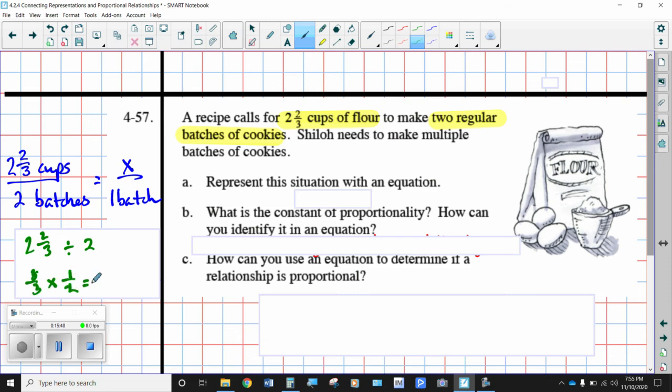It's going to end up being 8/6, which is the same as 4/3, which is the same as 1 1/3, right? Instead of dividing, multiply times the reciprocal, then simplify the fraction. So 4/3 is the same as 1 1/3, which means 1 1/3 is our unit rate.